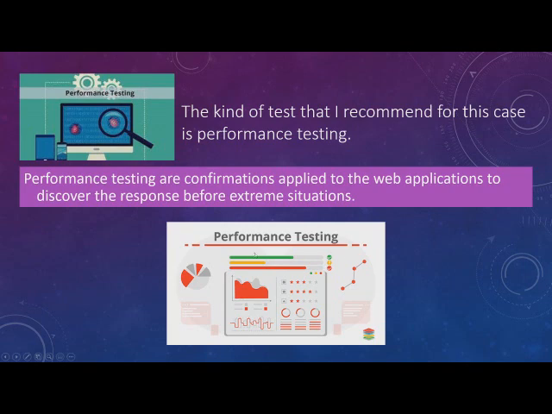We will be able to get, with this kind of test, the system speed, response, scalability, stability, and reliability, which I consider accurate to use in this case, because the software hasn't been tested yet, and the process of this kind of test will get you the most important features that we need.